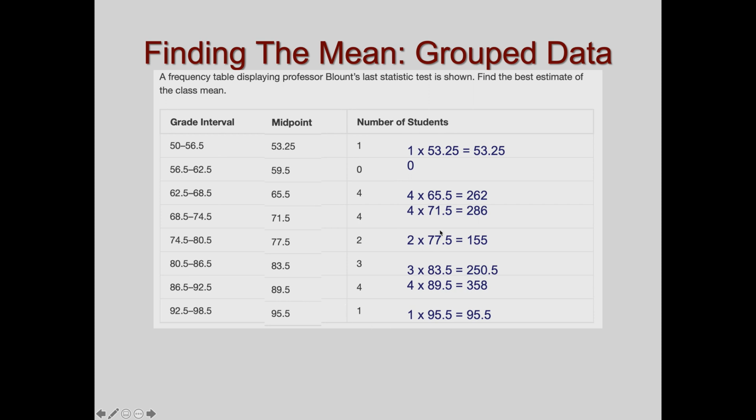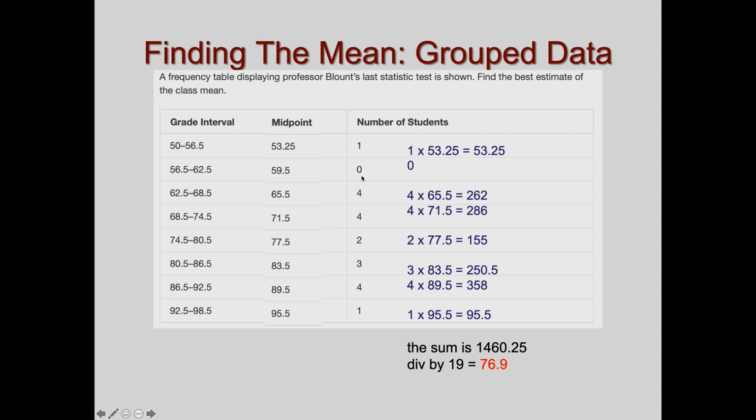So once I have this, that tells me how many points, totals, if you will, are in each interval. Then if I add up all the intervals, I don't want to divide here by 8, because there's not just 8 scores here. I want to divide by 19 because that's the total number of students.